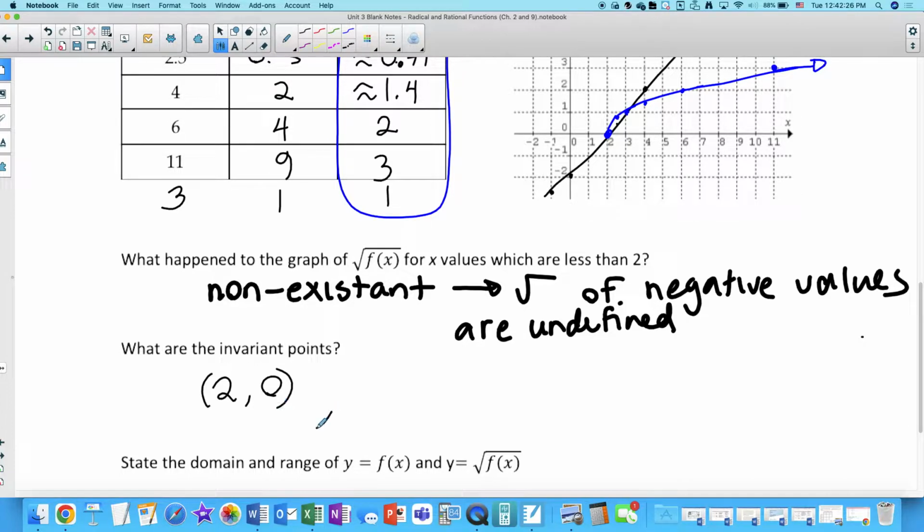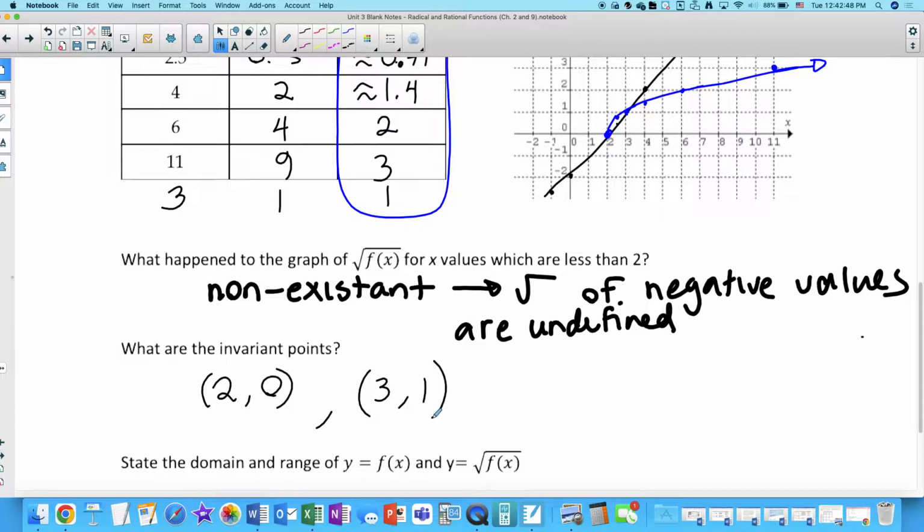Okay, so let's talk about this because there's a specific reason why I added that point in there. Think about this. What values can you take the square root of that don't actually change the value? 0. Yeah, what else? 1, yes.